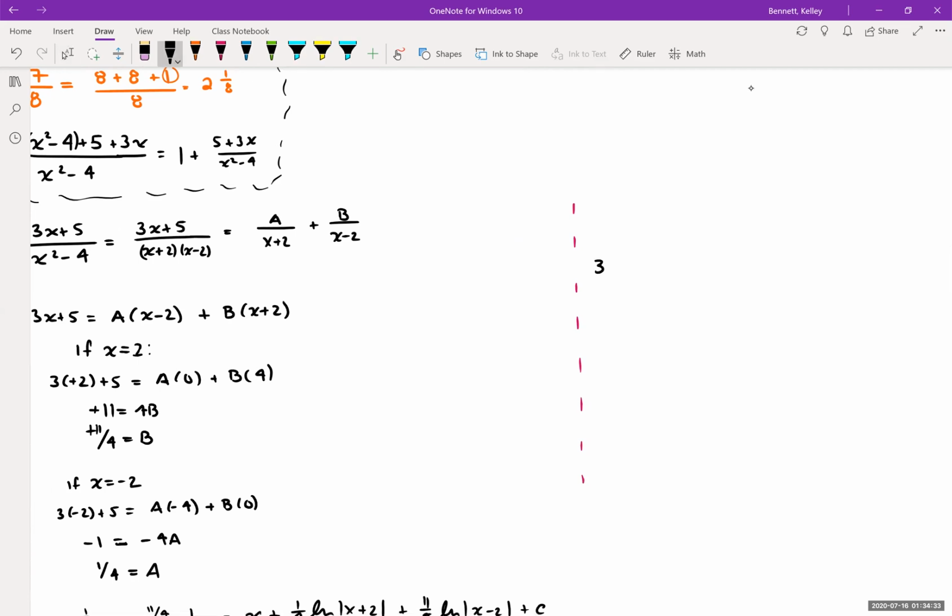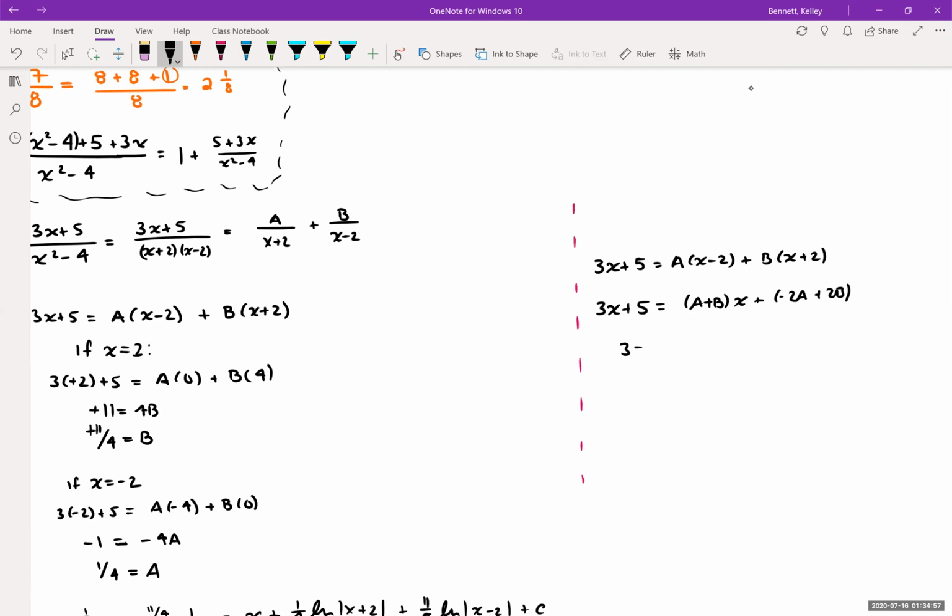We're here. I don't have any squared terms, so my linear is just going to be A plus B. And my constant is going to be negative 2A plus 2B.